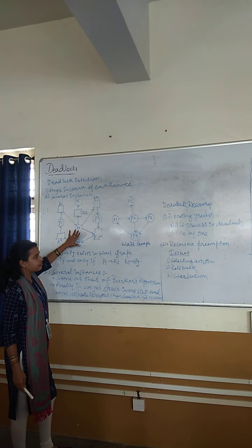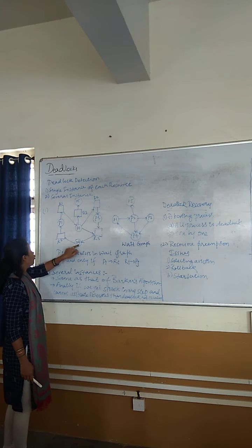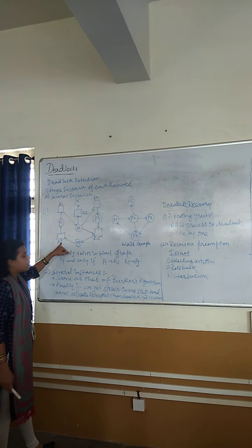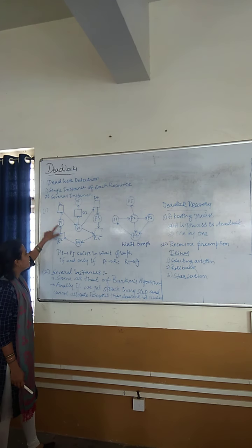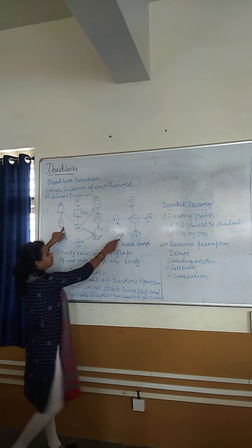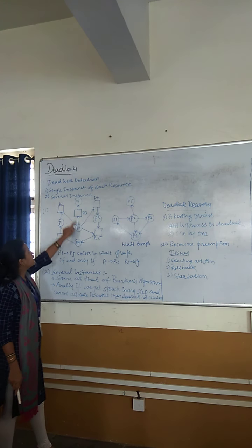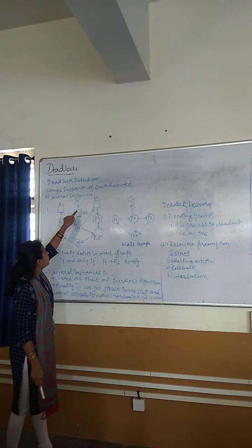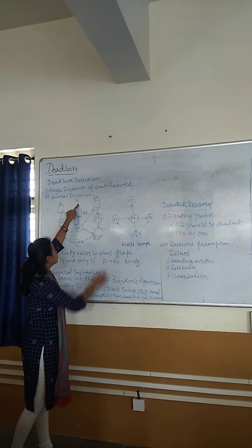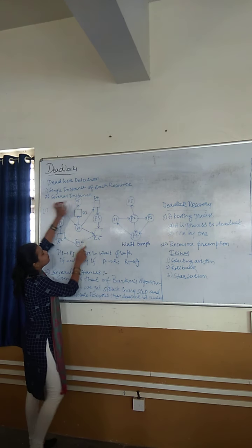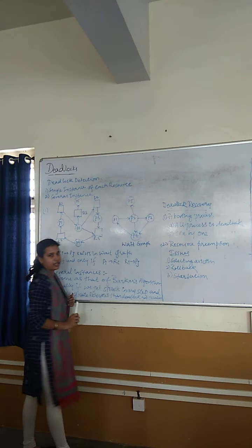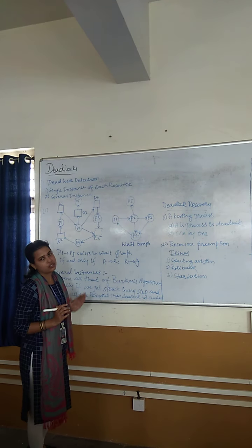Next, P4 is waiting for R2, but R2 is held by P1, so from P4 to P1 we have one edge. Next, P2 is waiting for R3, but R3 is held by P5, so there is an edge between P2 and P5. Like this, the wait-for graph is drawn.